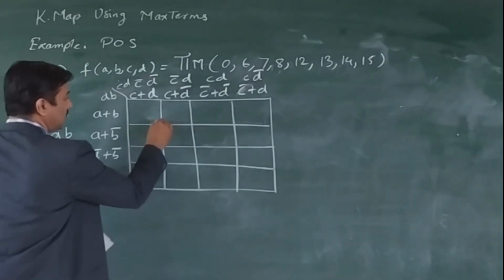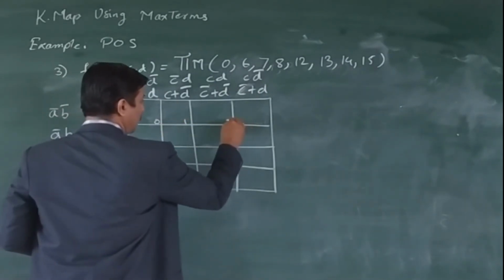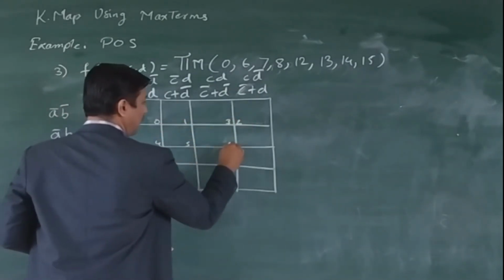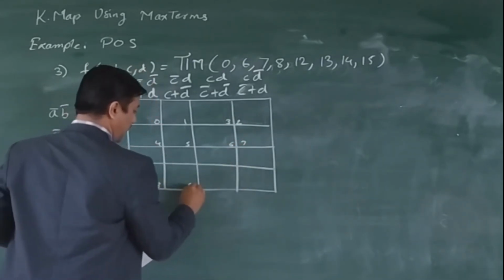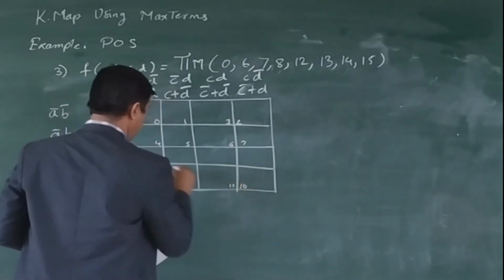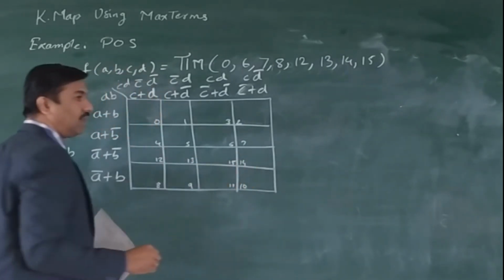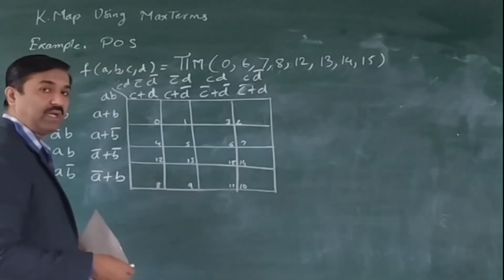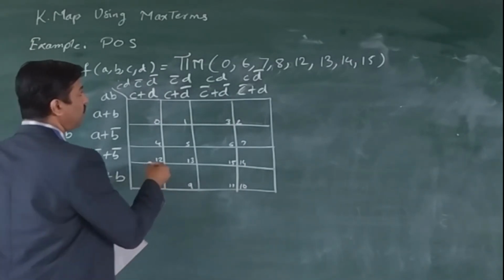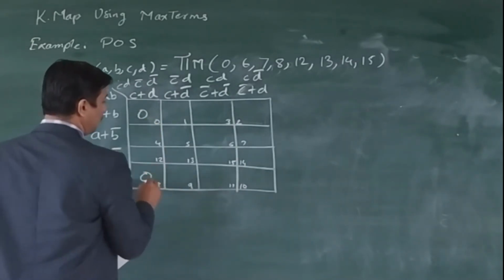Now plotting the cells 1, 2, 3, 4, 5, 6, 7, 8, 9, 10, 11, 12, 13, 14 and 15. Okay. Now let us put those zeros here, 0, 0.